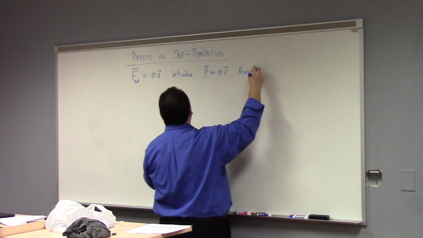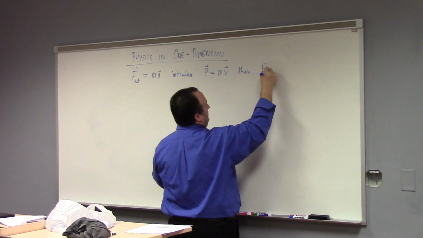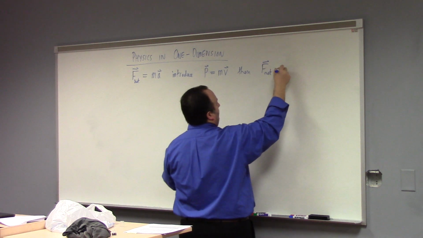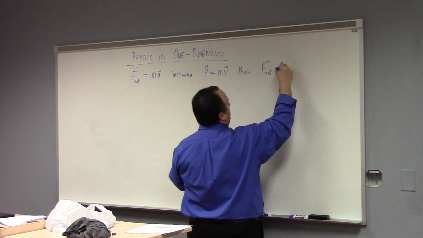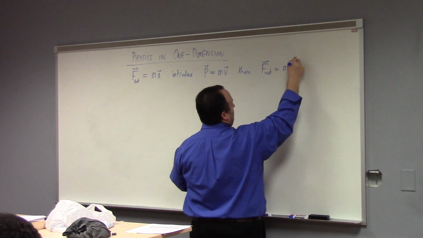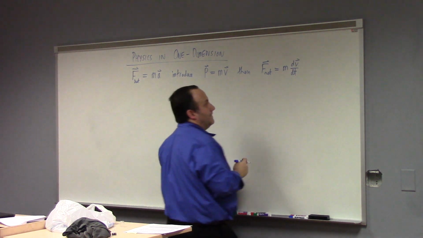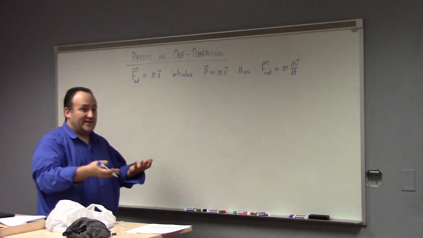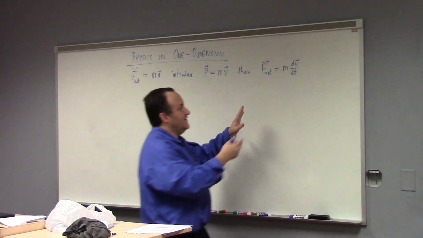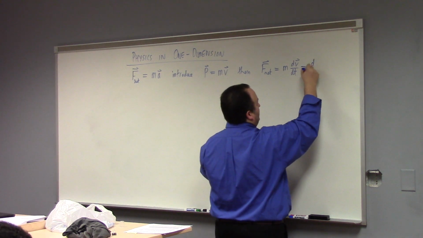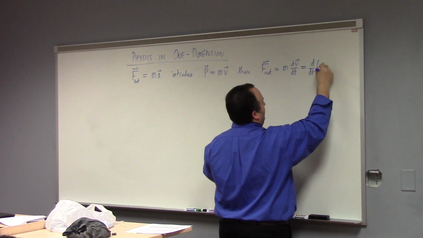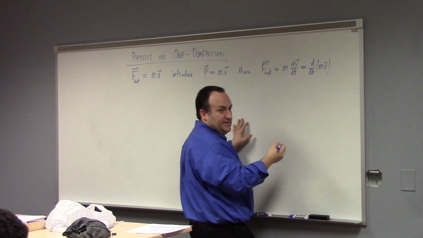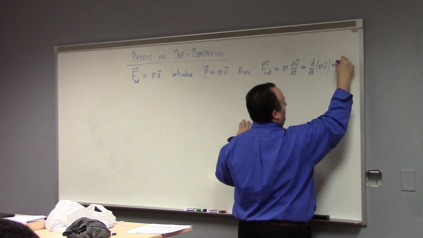Then your net force is equal to m dv/dt, right? And if the mass is constant, you can bring the constant inside the differentiation, and what you have then is d/dt of mv, which is, in fact, dp/dt.